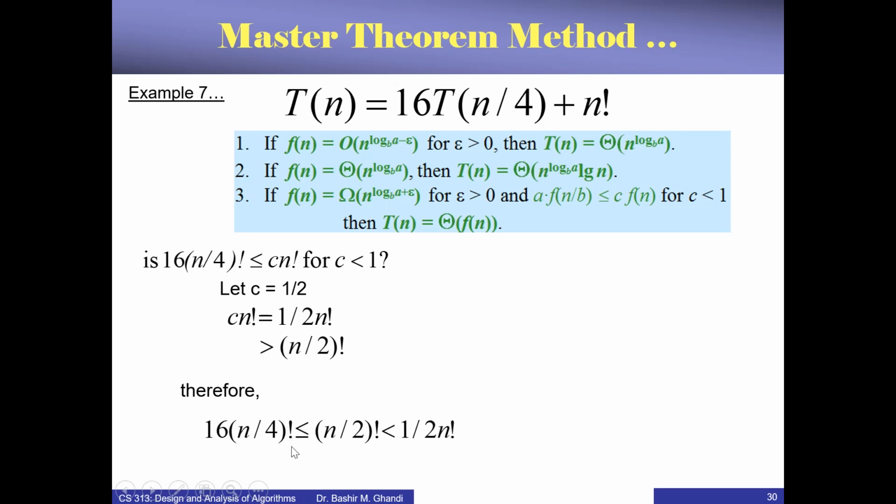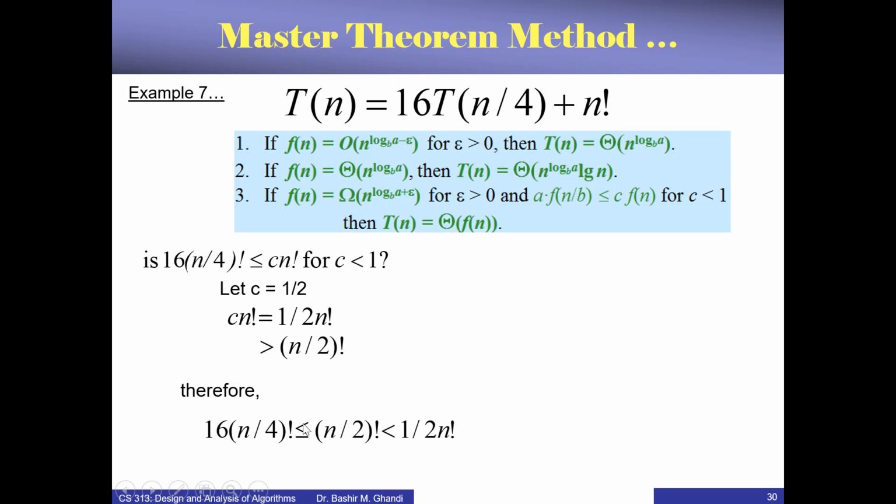16n over 4 factorial is definitely less than or equal to n over 2 factorial. That is, instead of finding n over 4 factorial, we find n over 2 factorial. N over 2 factorial is much bigger. Okay, and that itself is less than or equal to half n factorial.